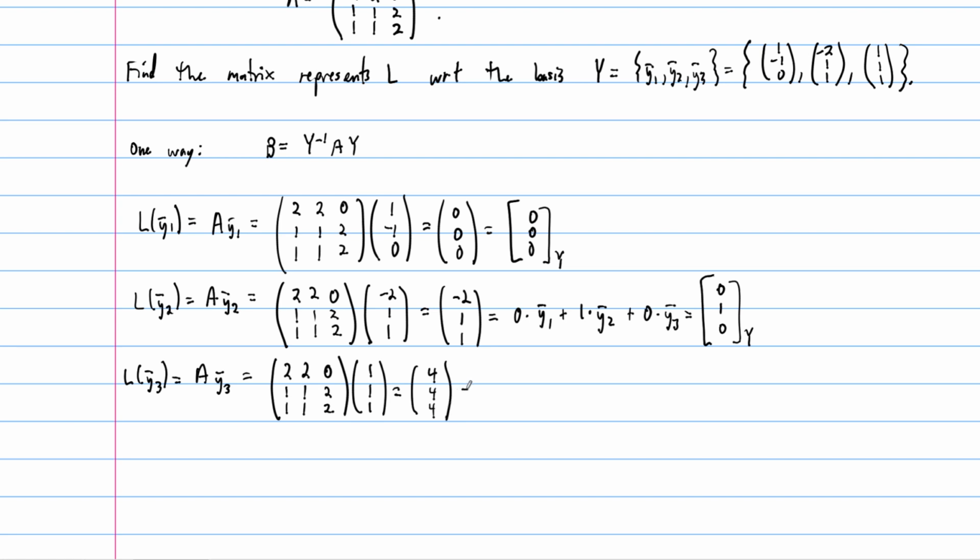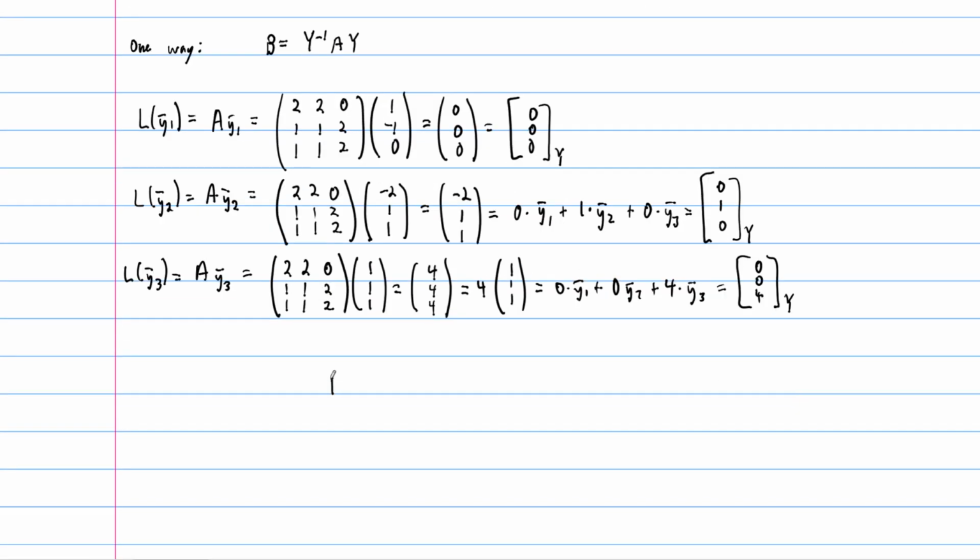So actually this is not that hard, because this is 4 times the vector 1, 1, 1. So this is 0 times y1 plus 0 times y2 plus, in this case, 4 times y3. And so in coordinates, this one is 0, 0, 4. And so this means that our matrix B is equal to 0, 0, 0; 0, 1, 0; 0, 0, 4.